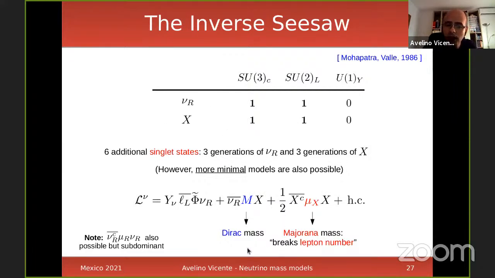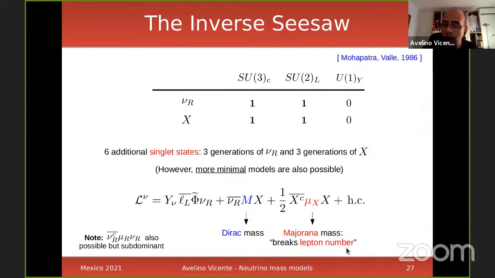And with these particles, you can write down the usual Yukawa coupling with the standard model lepton doublet and the standard model Higgs doublet and the right-handed neutrinos. You can write a Dirac mass term between the right-handed neutrinos and the X fermions. And you can also write a Majorana mass term for the X fermions. People say that this breaks lepton number; I will explain this in a while.